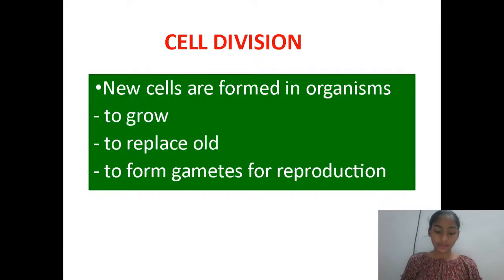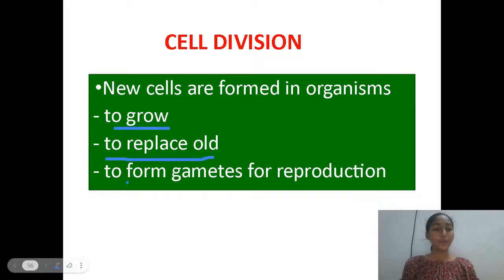Next, cell division. This is the last topic of our chapter. New cells are formed in organisms. Why do new cells form? To grow, to replace old cells, to form gametes for reproduction.